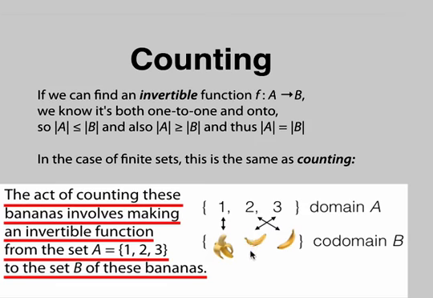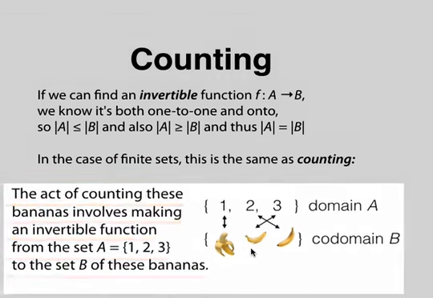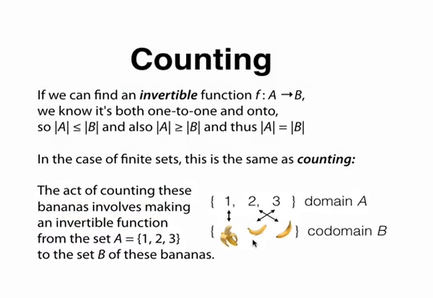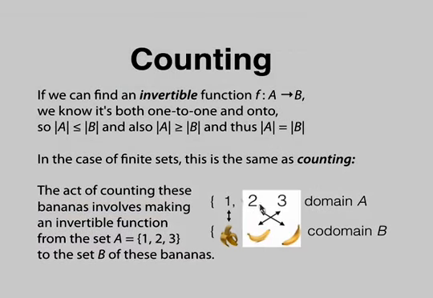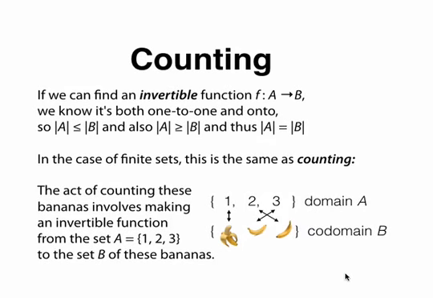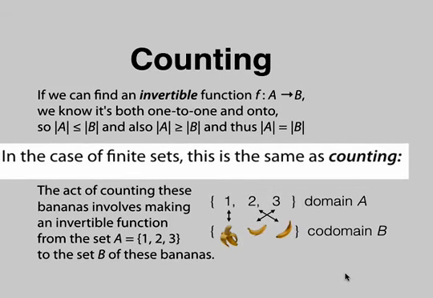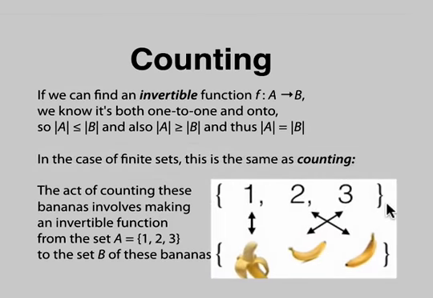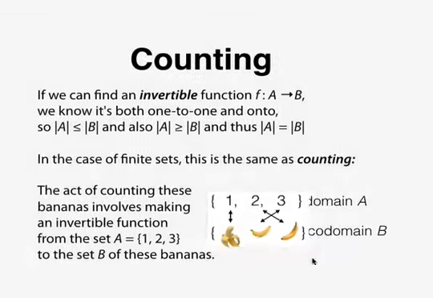By doing that, we counted the bananas. Whoop-de-doo. But that's basically the same as setting up this invertible function. Mathematics describes that situation in these abstract terms, and it applies here. So for finite sets, counting is just setting up this invertible function between a set of, let's say, these three numbers and these objects.